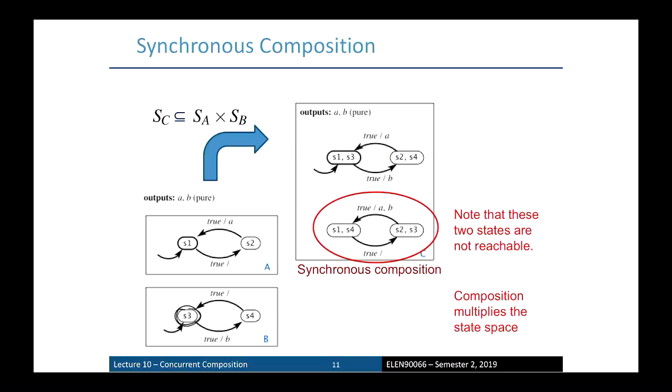You can never get it being in S1, S4. So there's no entry to this state, from either of these states here. And in particular, obviously, if you were in S1, S4, which I don't know how you could be in, but if then you had a reaction, you would end up in S2, S3.